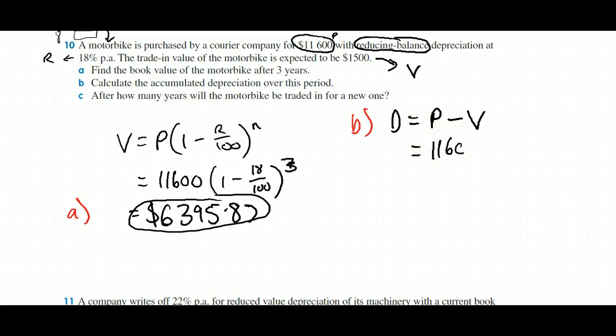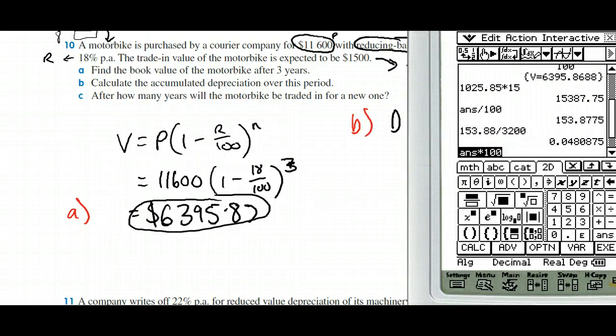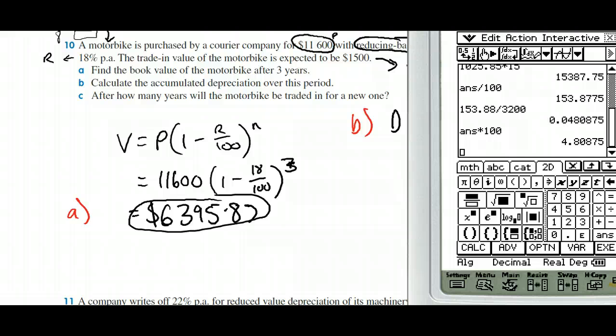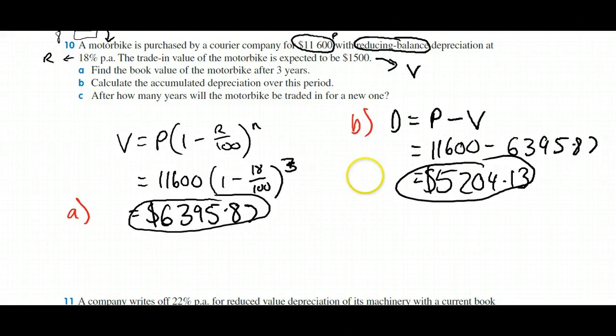So 11,600 minus 6,395.87 will give us the amount of depreciation, $5,204.13. So that's how much depreciation occurred in those 3 years.